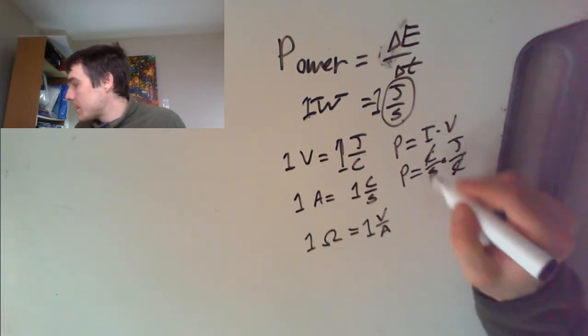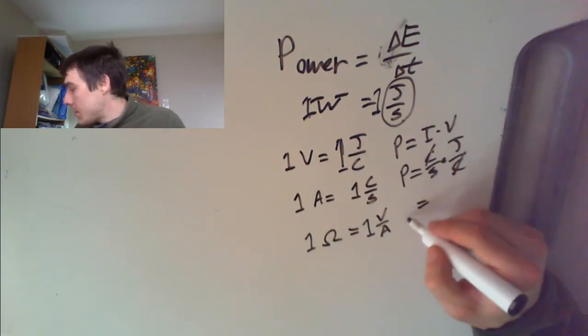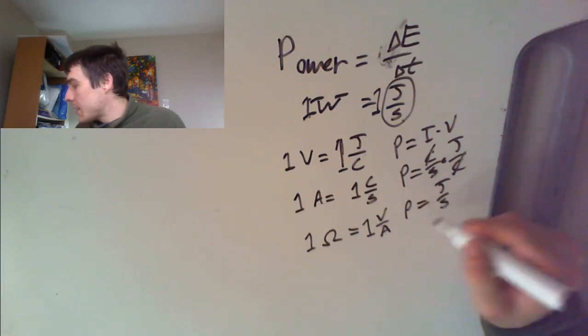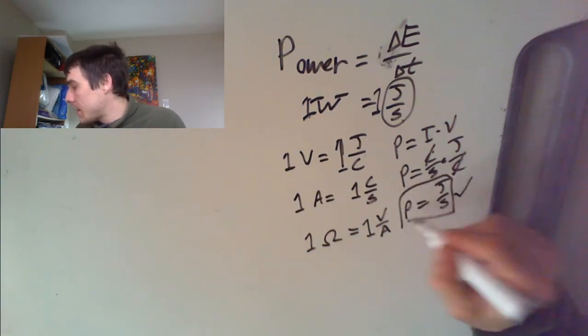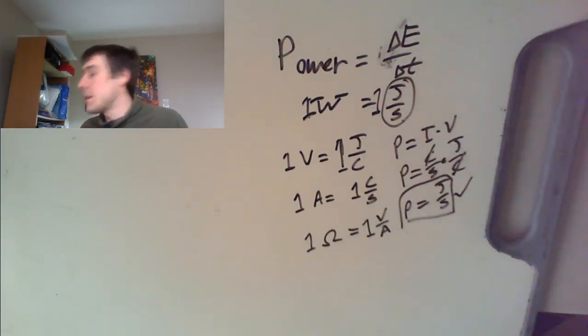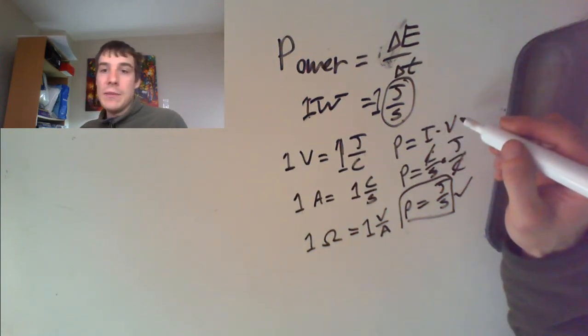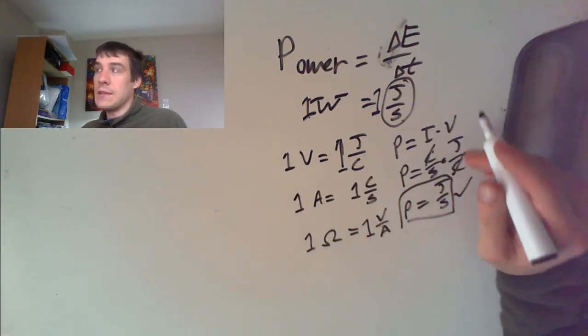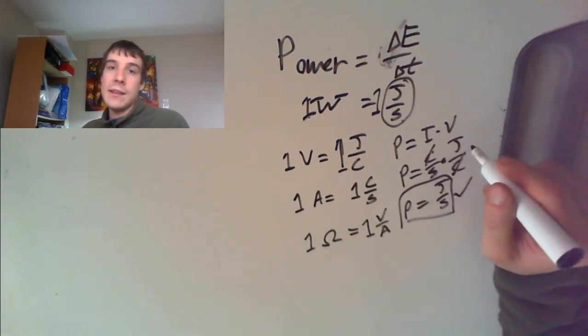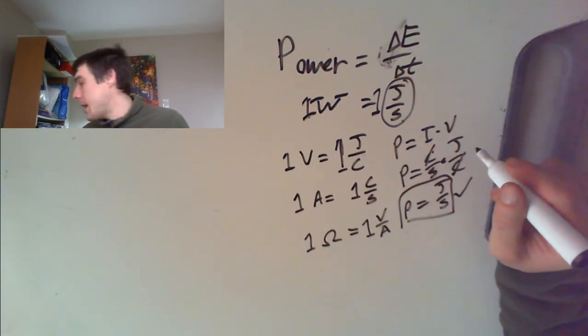And the coulombs reduce to 1. So power is joules per second, which is good. That's what we want, that's what we have up here. Power is joules per second. So power in watts in an electrical system is joules per second, as amps times volts. If you multiply the amps times the number of volts, you always get the amount of power in watts. And this happens in the battery, it happens in any of the loads, it happens everywhere.